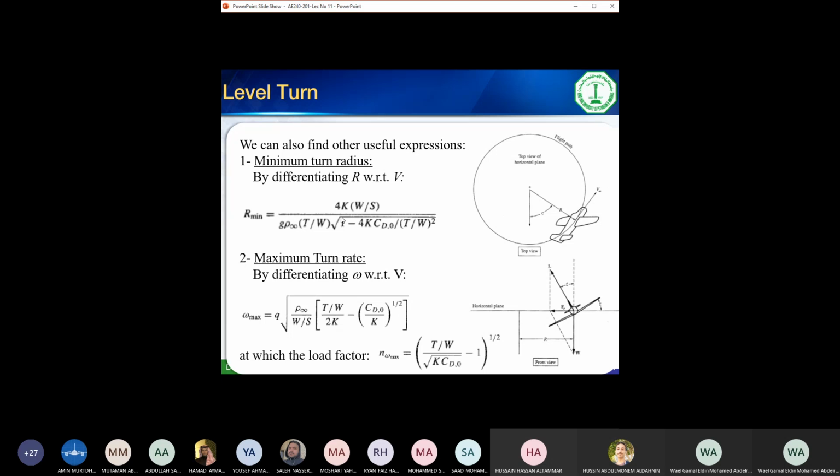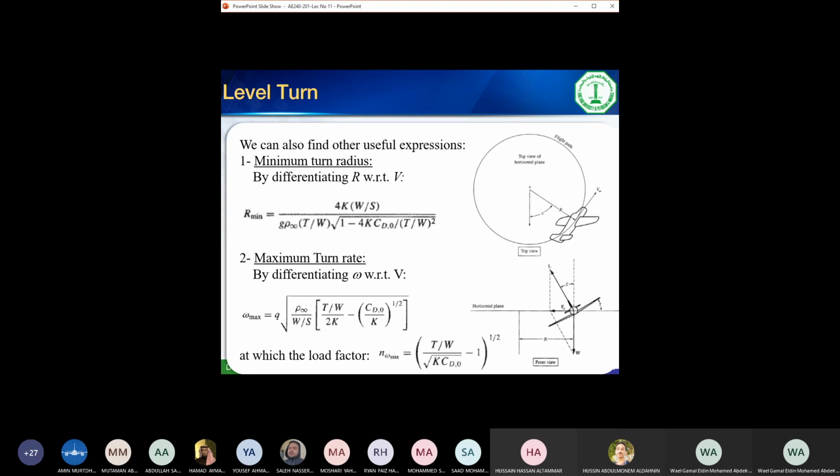So there is one homework problem in which you will derive these equations. You will start from the equation of R, differentiate it with respect to V, and find out the minimum radius. Now that's a design requirement. So maybe in chapter 8, when we design an aircraft, it's required that it has a minimum turn radius of maybe 200 meters, or a rate of turn of no less than 20 degrees per second, and so on.